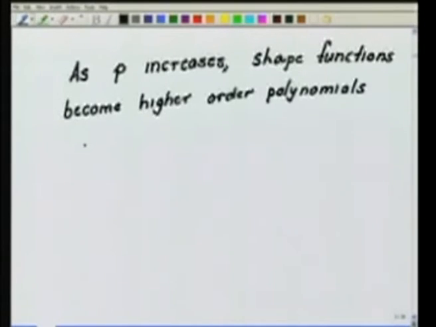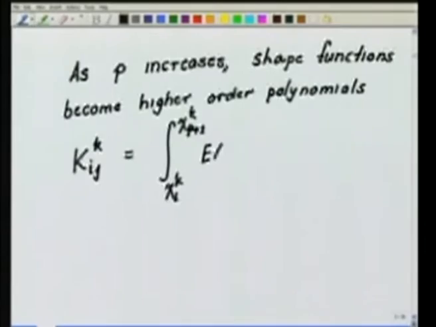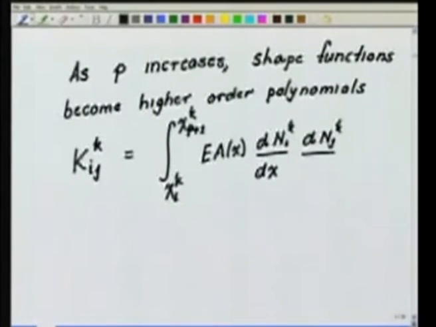So when I have to evaluate, after this we went ahead and evaluated the stiffness entries at the element level. So this we had done like this. You could have EA of x k dx dnj k dx.